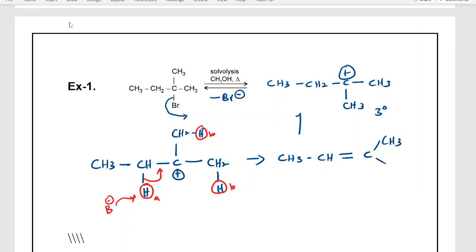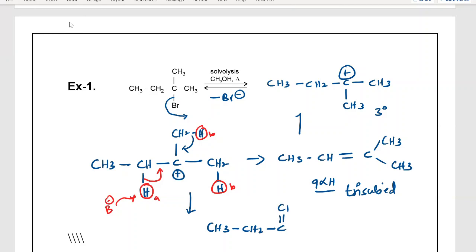This is an alkene. And in this alkene, tell me how many alpha hydrogens we have? 9 alpha hydrogens, and it is a tri-substituted alkene. Next, if this hydrogen is abstracted by the base, then what is the product? We'll get CH2 double bond C CH2 CH3.